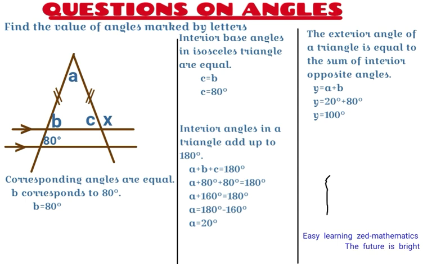Now if you look at these degrees we have gotten for each angle, even when you look at C and X and use the property of angles on a straight line, you find that since C has the value of 80 degrees and X has 100 degrees, when you add 80 degrees plus 100 degrees, they give you 180 degrees.